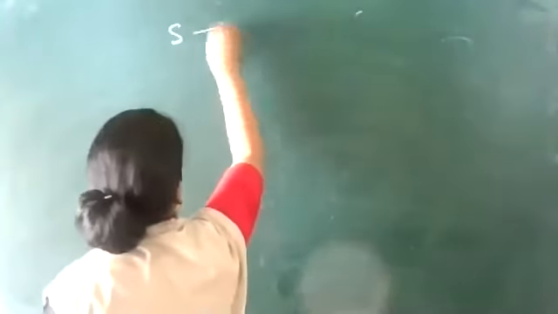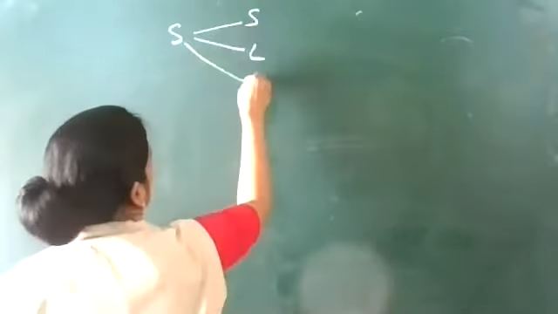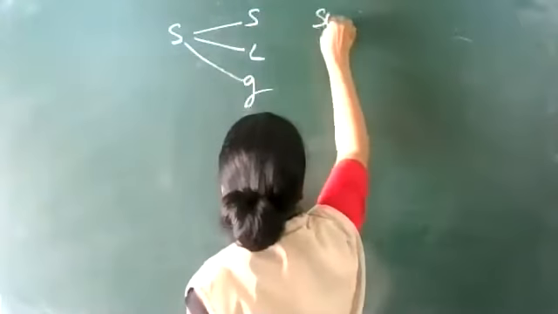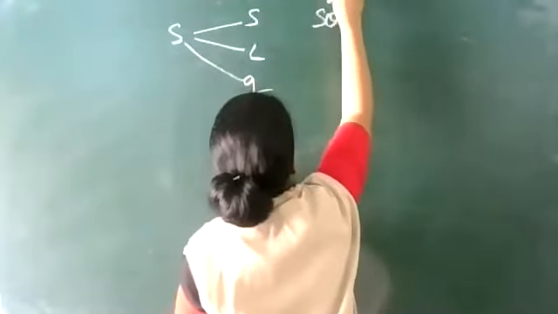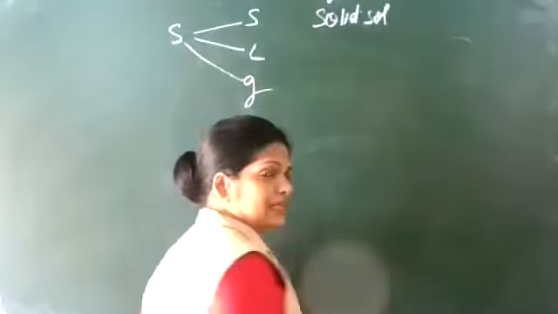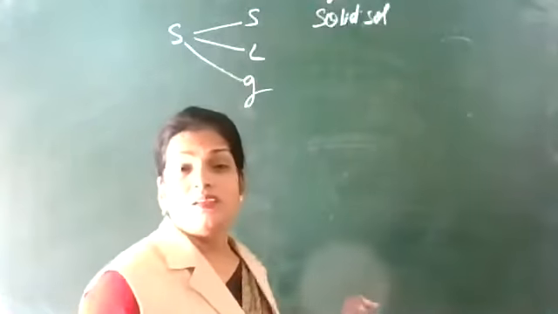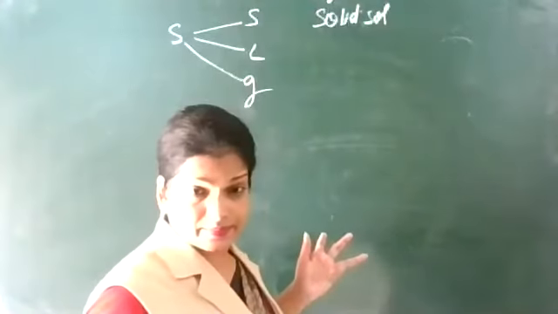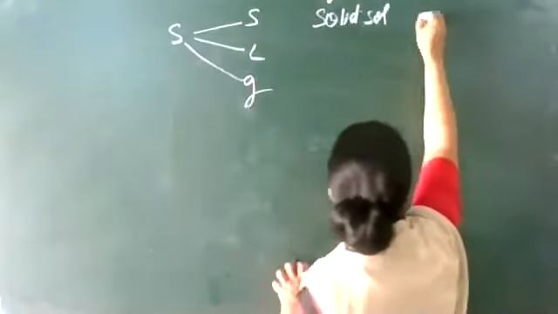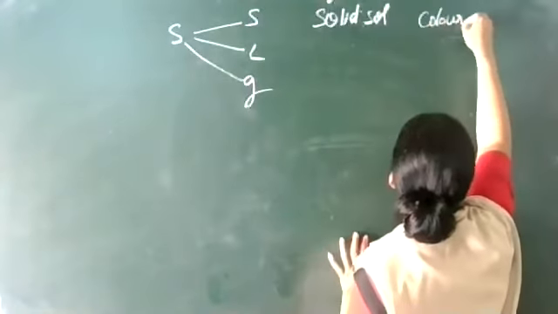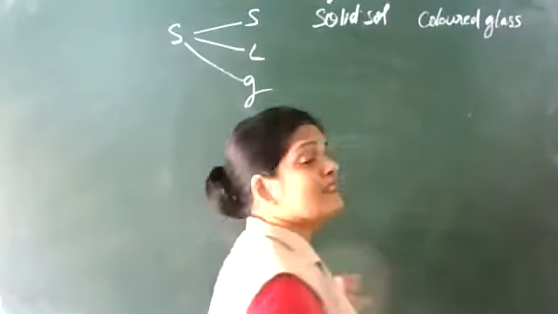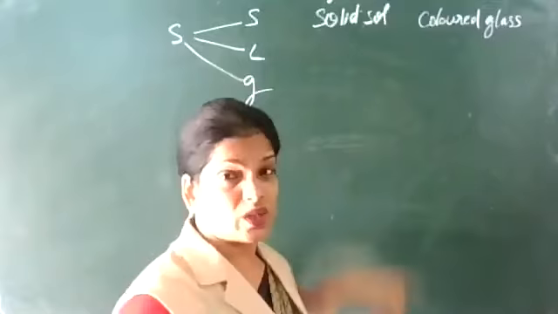Depending on whether the phase is solid or liquid, colloids are classified into 8 categories. First, solid in solid, solid in liquid, solid in gas. Solid in solid is called solid sol. Examples: colored glass, colored gemstones. There we learned alloys, solid in solid.